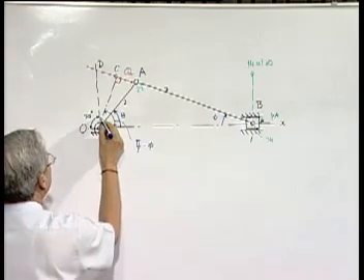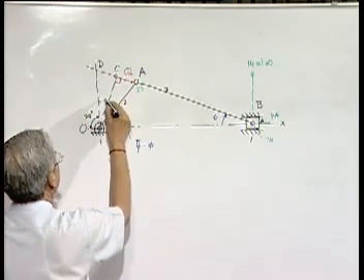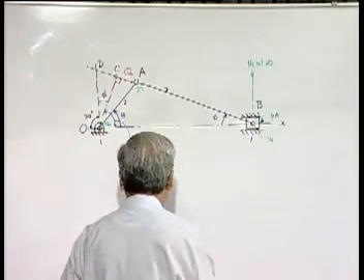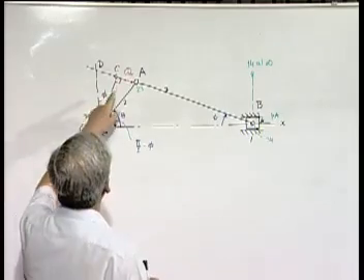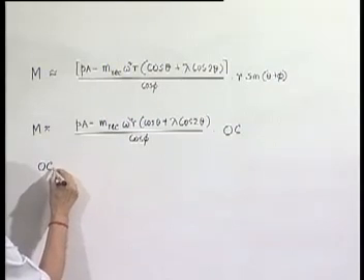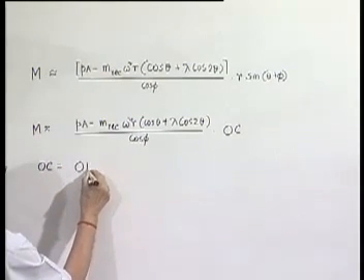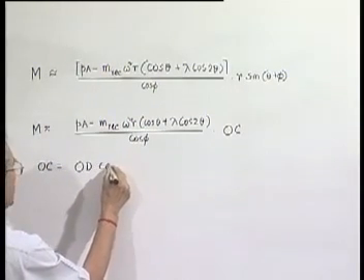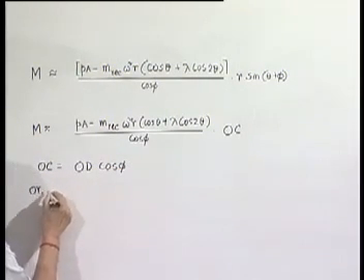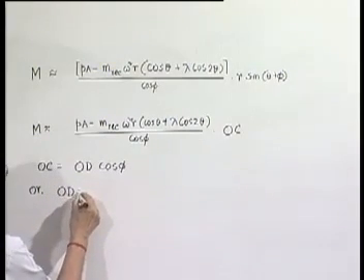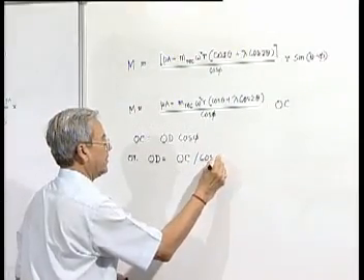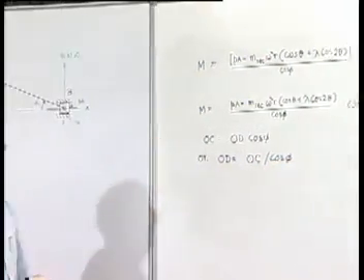So we can write now that OC is OD cosine phi, or OD is equal to OC by cosine phi.